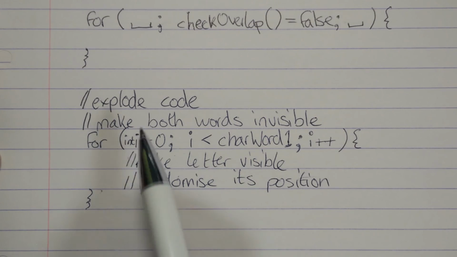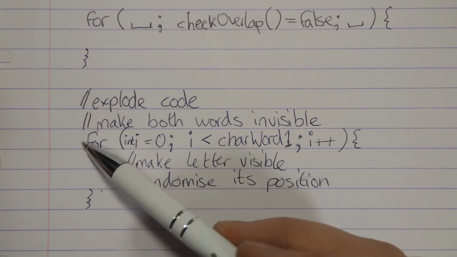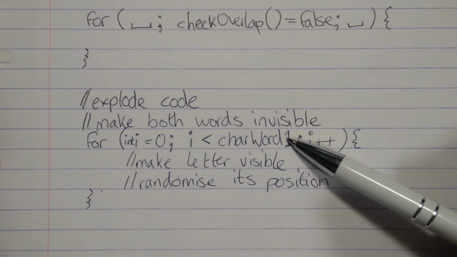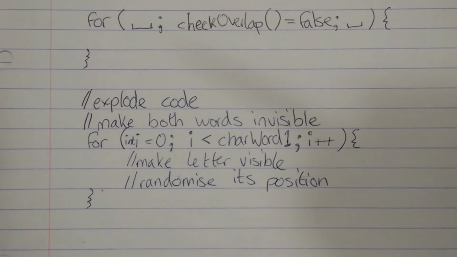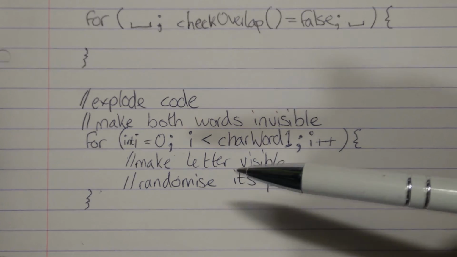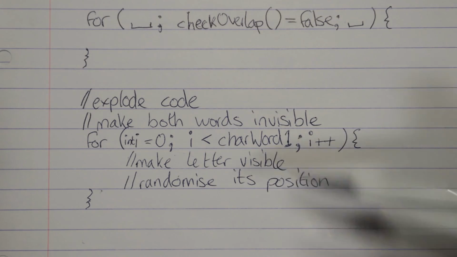And I believe that's it for that. You'll want to copy this, put it just underneath, and do it for charword2 because obviously we want both words to explode. And then that should blow up the letters, randomize it, and then make it so you can see it.